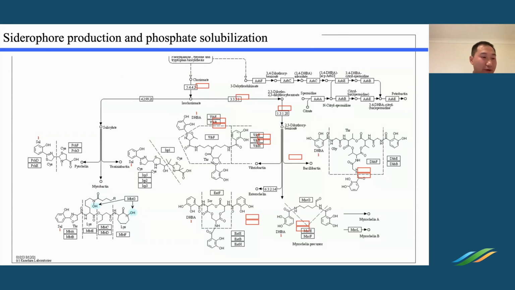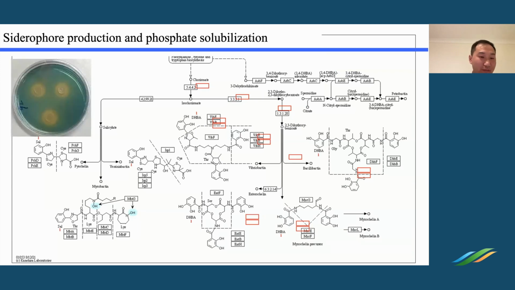Upon further exploration of the genetic functions of this bacterium, we found that Burkholderia ambifaria has the pathways for siderophore production. Subsequent testing on agar plates also confirmed its capacity to produce siderophores.